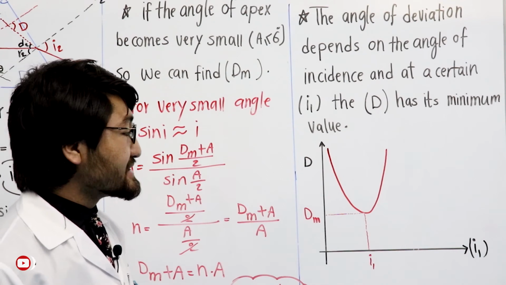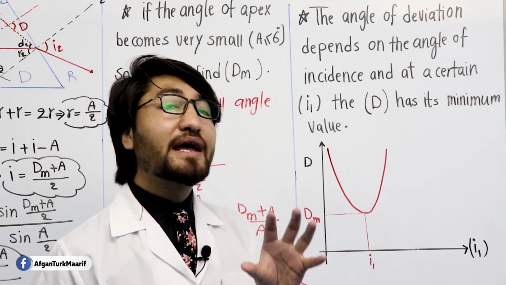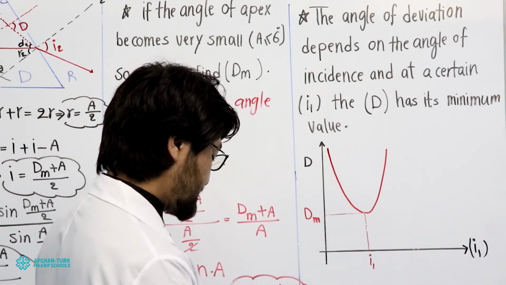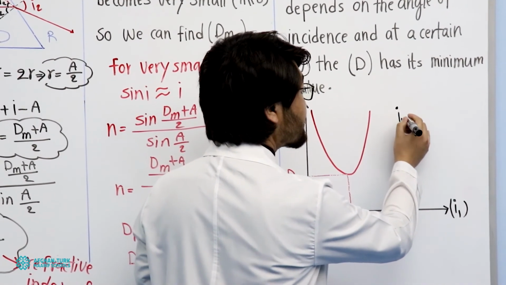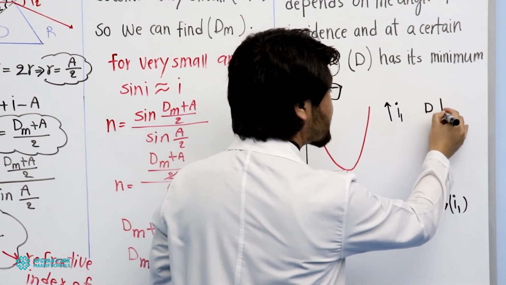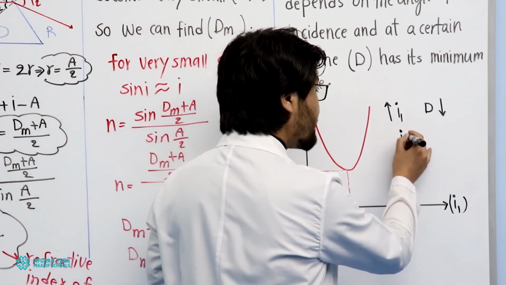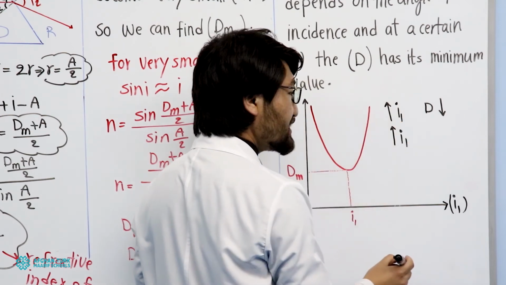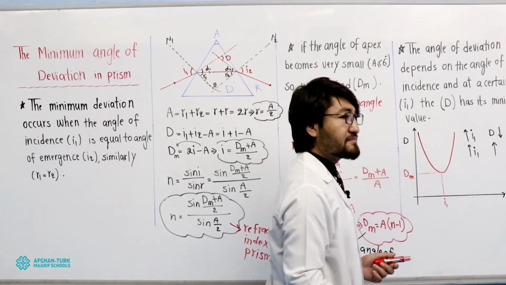As the angle of incidence increases, the angle of deviation decreases, and after the minimum, when the angle of incidence increases, the angle of deviation increases.